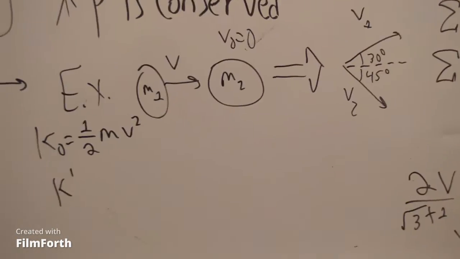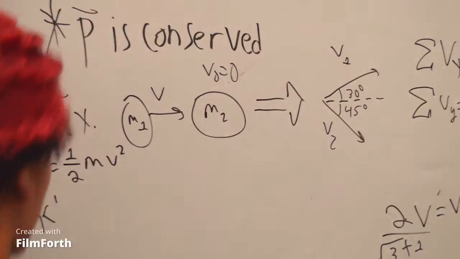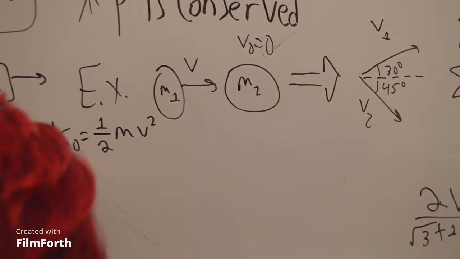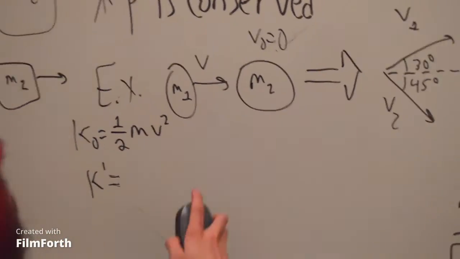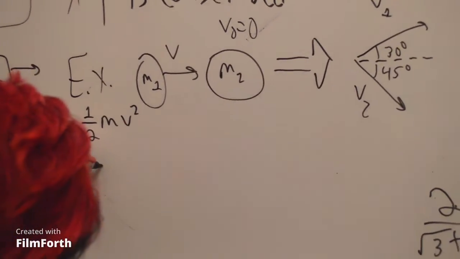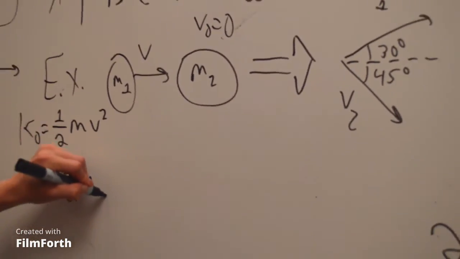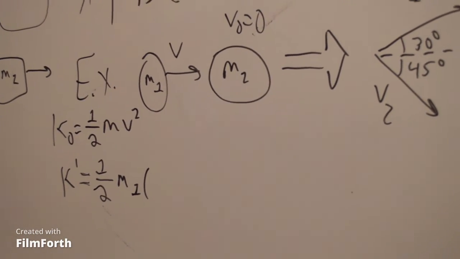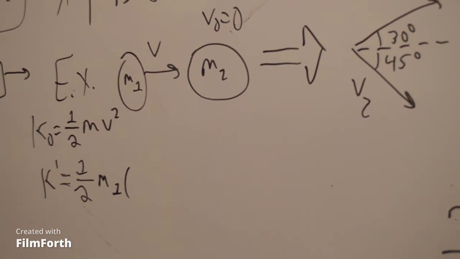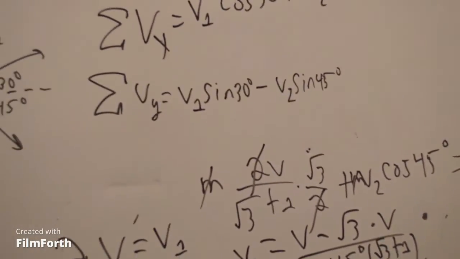So let's plug in what we have. K prime equals half times the first mass multiplied by V1, which is 2V divided by root 3 plus 1.